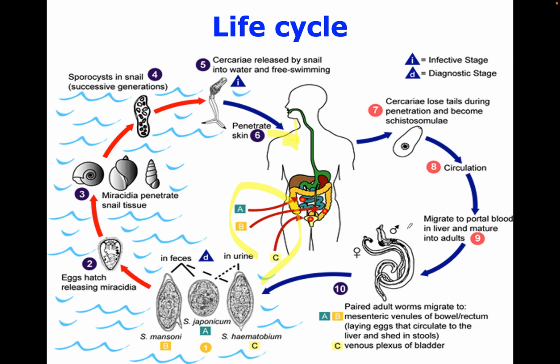This is the same for Mansoni and Japonicum. For Haematobium, they prefer to live in the venous plexus of the bladder, so that's why you can find the eggs in the urine. And this is a life cycle of the Schistosoma.